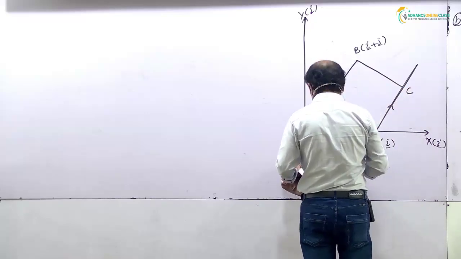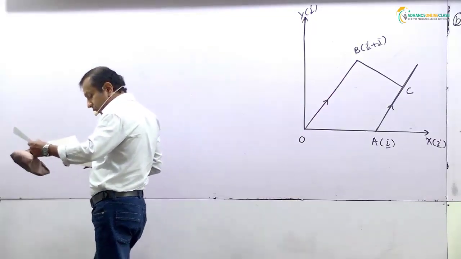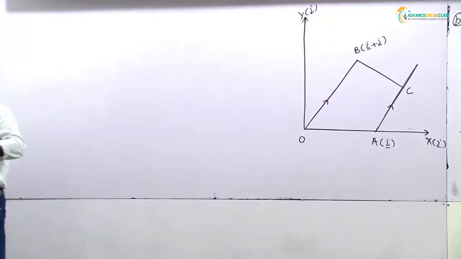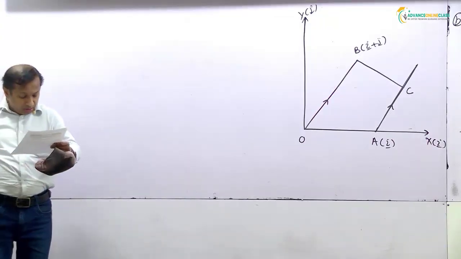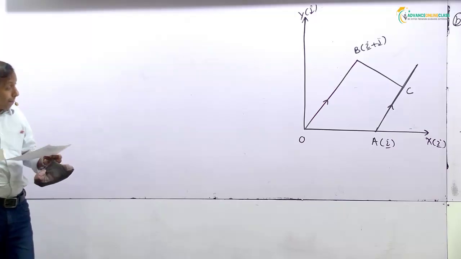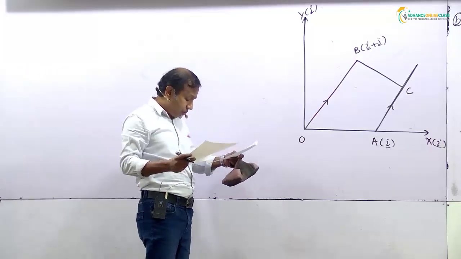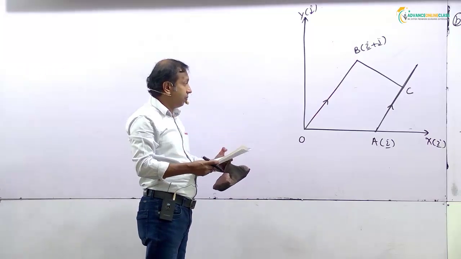Let's draw parallel. C is a point on the line passing parallel to OB. Show that OC is given with lambda a real number. Find the value of lambda such that OB is perpendicular to BC.